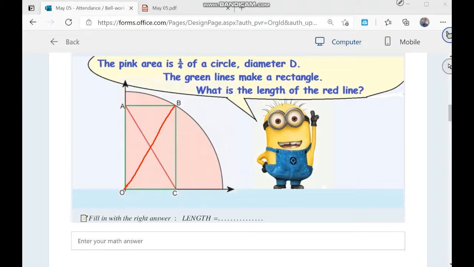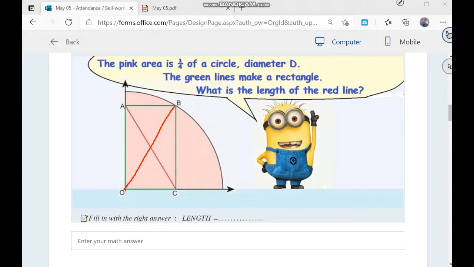It's going to be the diagonal of the rectangle, and both diagonals, both red lines, have the same length, right? AC has the same length as OB, right?